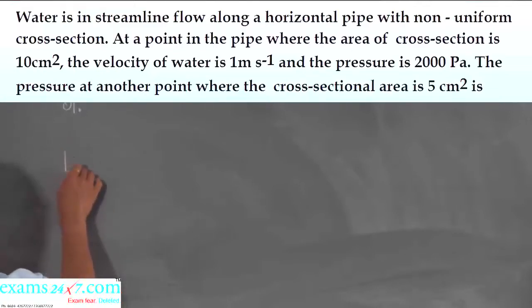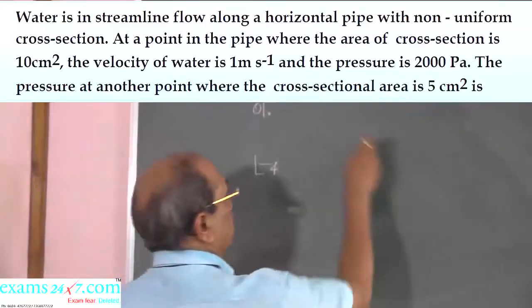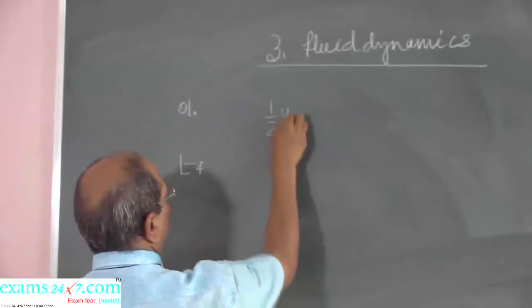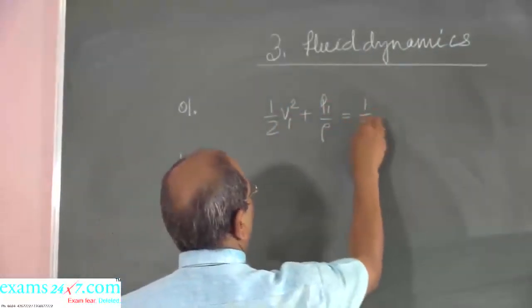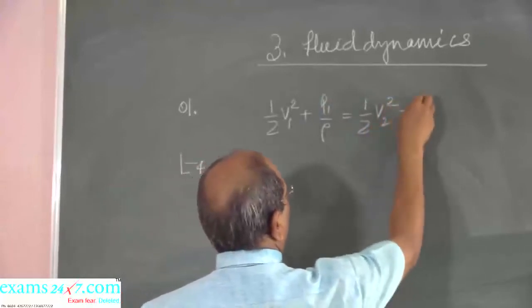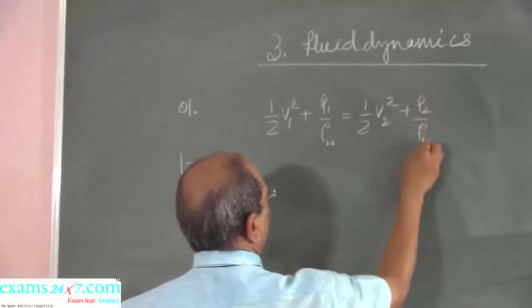We may put level 3, but I prefer level 4. The reason, I tell you again, is that it is a streamline horizontal flow. Depending on Bernoulli's theorem, height same, therefore half rho V1 square plus P1 is equal to half rho V2 square plus P2. Rho is the density of water.